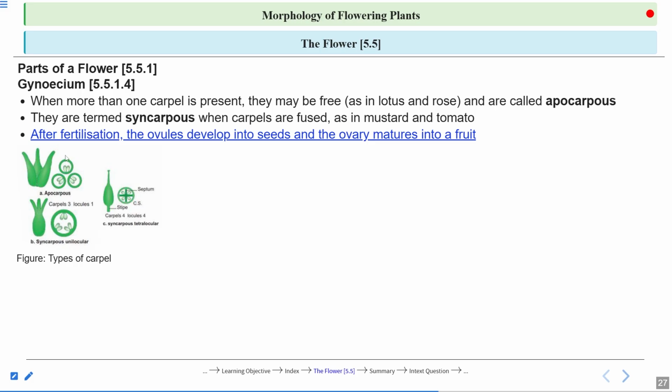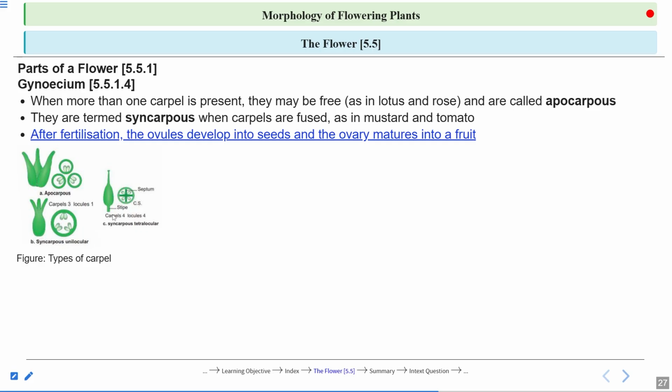All are free. This is one carpel, this is the second carpel, this is the third carpel. And this is the syncarpous condition you see here. This is one carpel, this is two, this is three, but all are fused. So there is a common wall you can see in the case of syncarpous, and because of this, it becomes unilocular. How many locules do you see here? 1, 2, 3 locules, right?